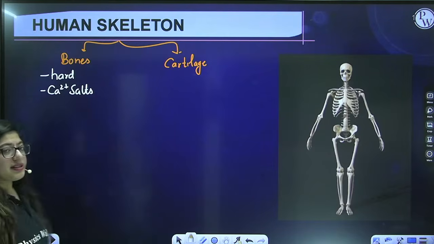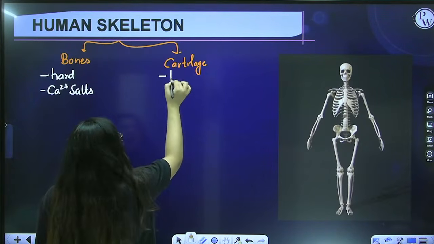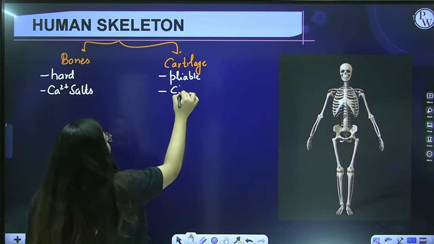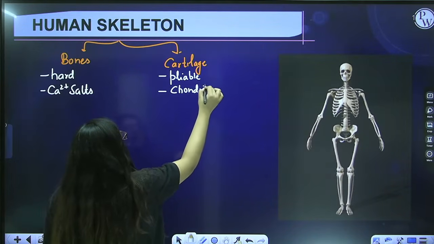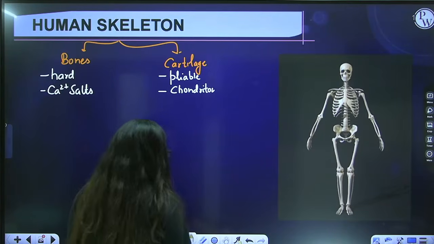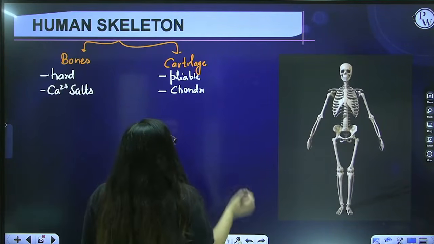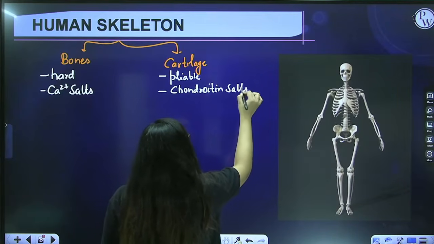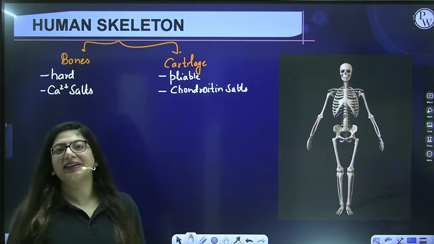Whereas cartilage is pliable and contains not calcium salts but chondroitin salts. As a result, it is not as hard as bones.